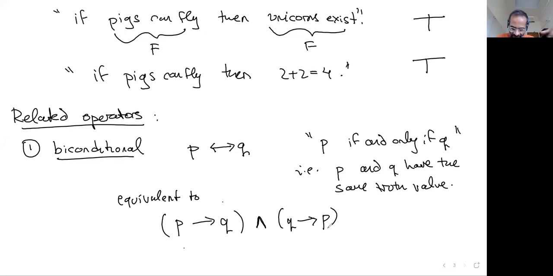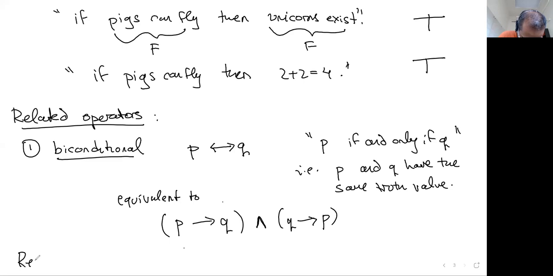I've combined different conditionals, right? But why not? The conditional is itself a proposition, and given any two propositions, I can combine them using a conjunction to get another proposition. So I can keep repeating this process and get all kinds of new propositions.